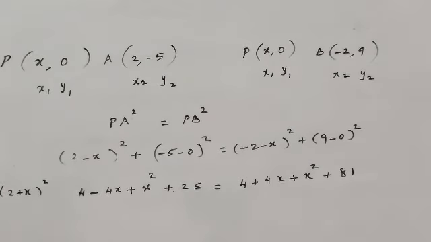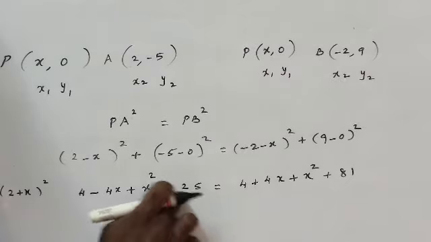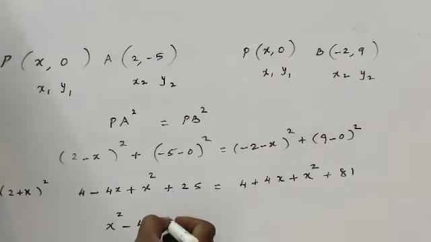Now bring all the terms in the right side into the left side. First write the x square term, then the x term, then the number. Here 4 plus 25, 2 numbers, so adding these two numbers gives 29.